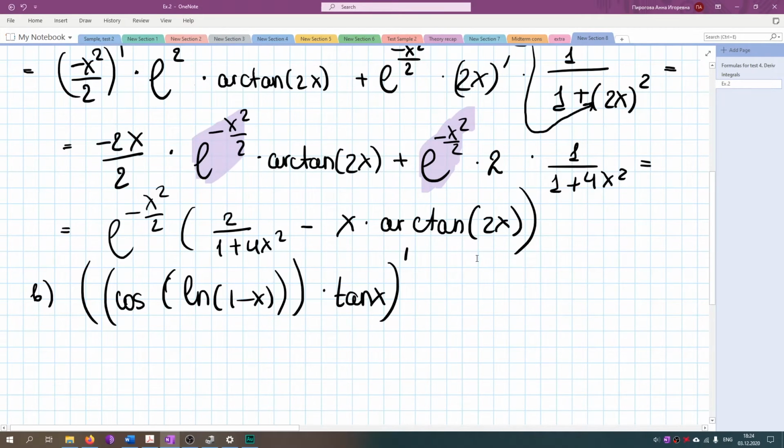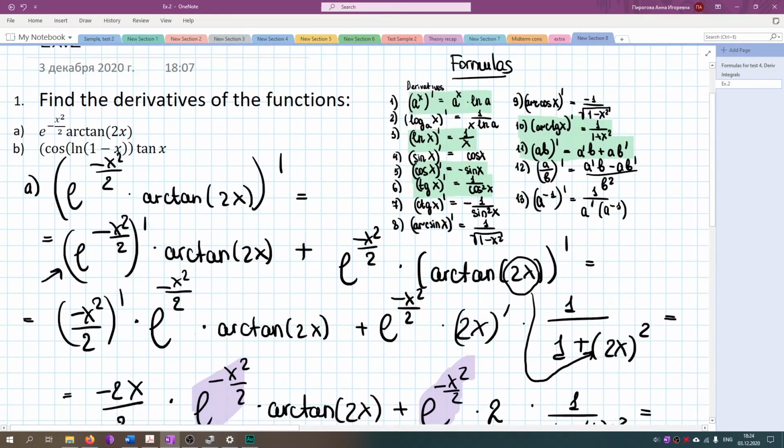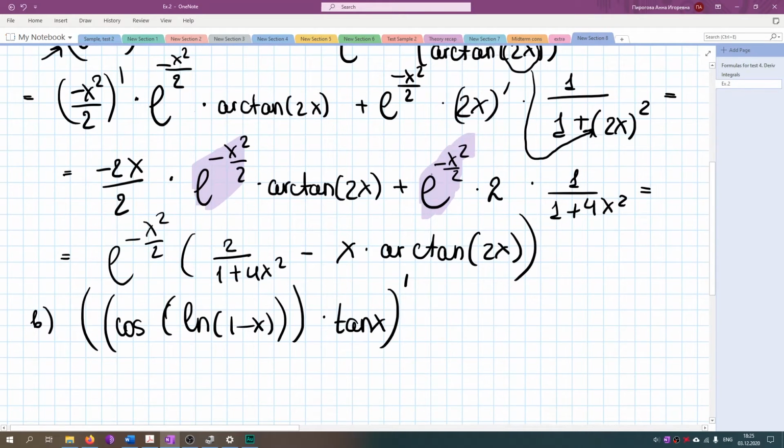Speaking about part b, here our function is a little bit more complex, but still we will need to apply the same rule about the functions a and b. Here the function a will be this one and the function b will be this one.